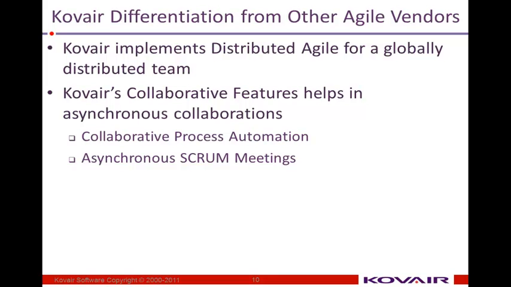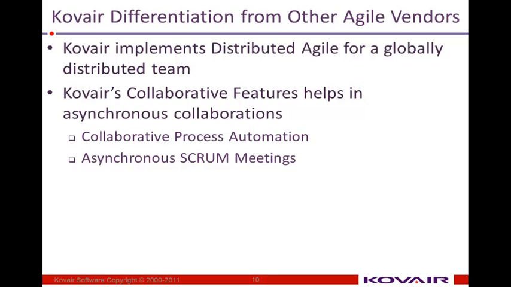For the collaborative features, which are absolutely necessary for a distributed team, there are quite a few unique features in Kovair, like the collaborative process automation. We are the only tool vendor which allows you to graphically create your process and implement and automate that for your distributed Agile implementation. One very important point here is that original Agile was a pushback against heavy-duty processes.